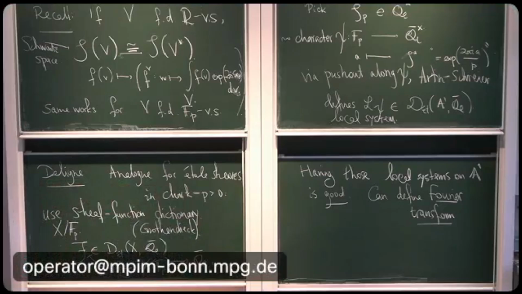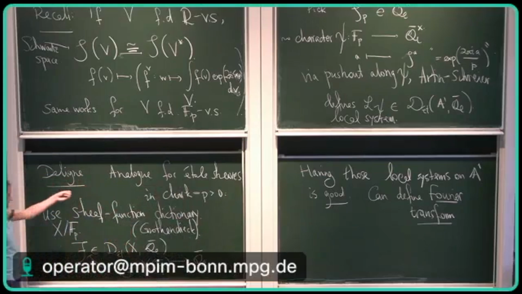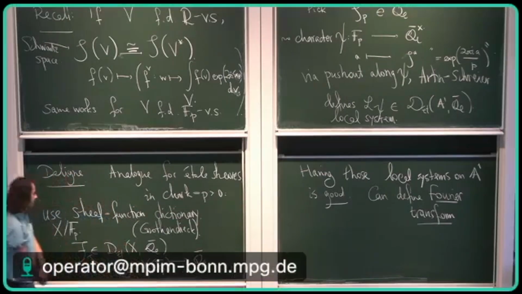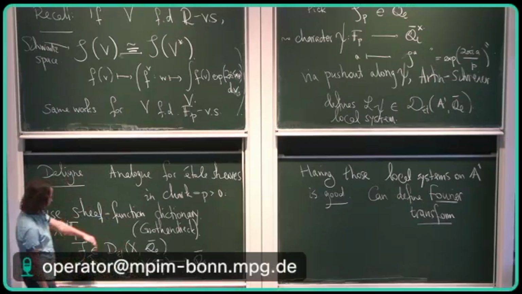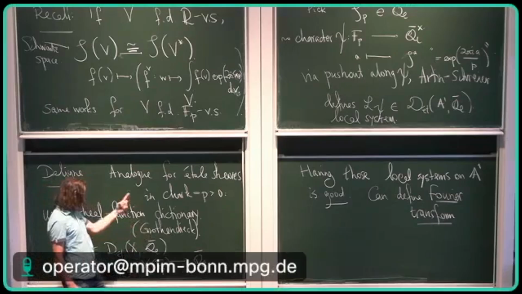So whenever you have an F_p point of X, you can pull back this etale sheaf on X to just the spectrum of F_p, but etale sheaves on a point are just representations of the absolute Galois group. The absolute Galois group of F_p has this canonical element which is the Frobenius automorphism of F_p bar. And so whenever you pull back to an F_p point, you get a Q_l bar vector space with an automorphism.